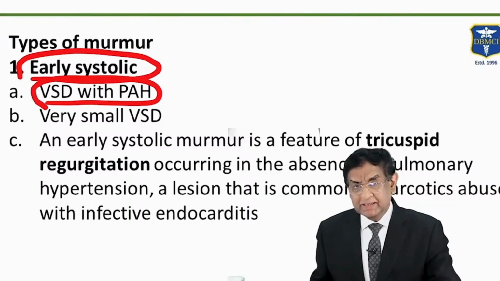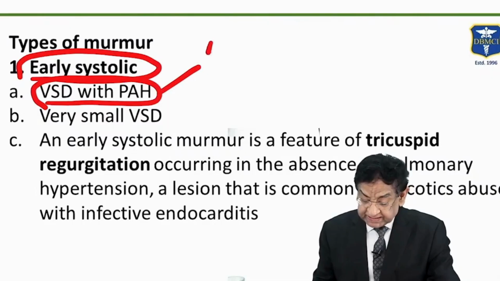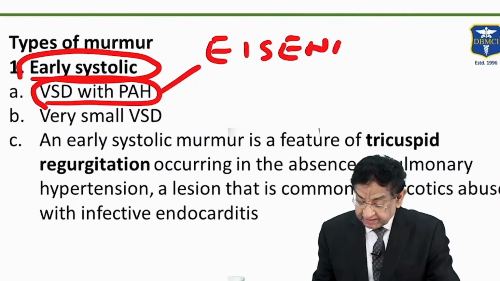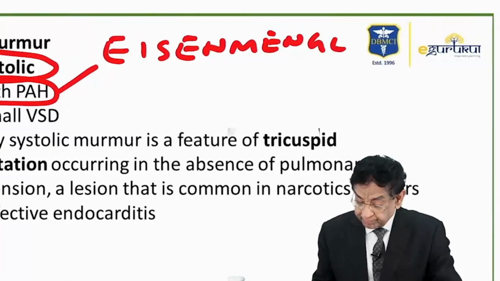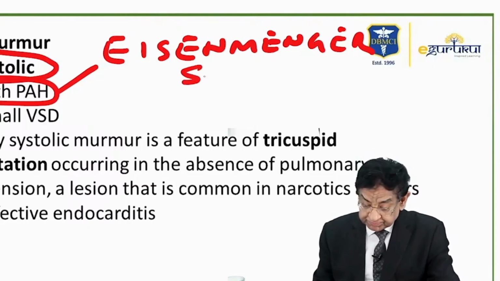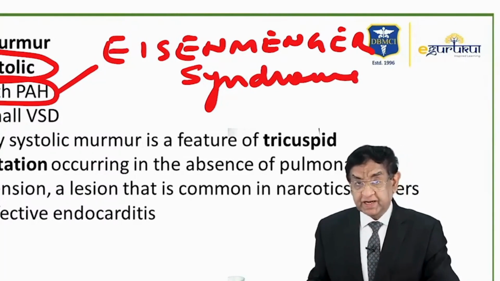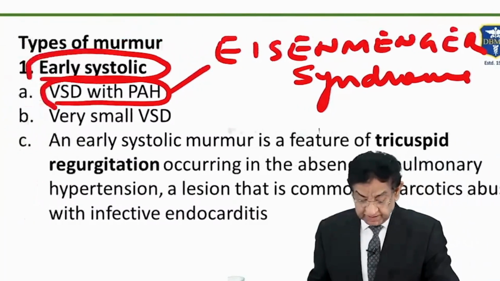But here it is VSD with PAH, or we can write it the other way around, same thing, Eisenmenger syndrome. So VSD with reversal of shunt, you get an early systolic murmur.